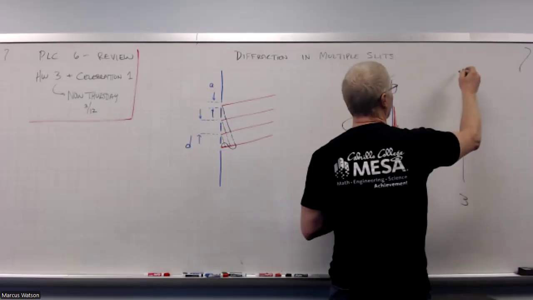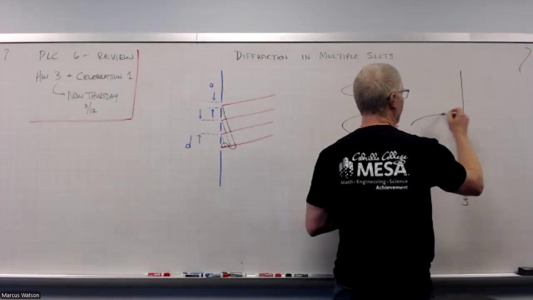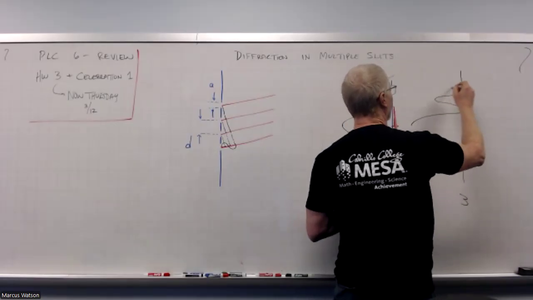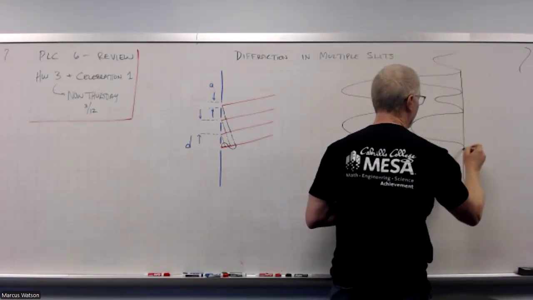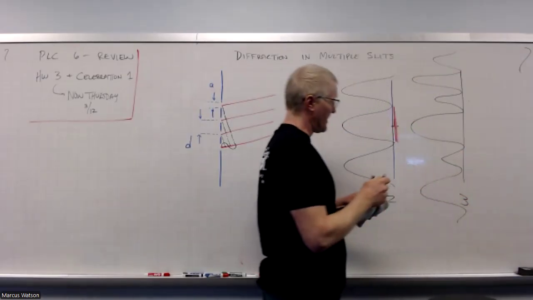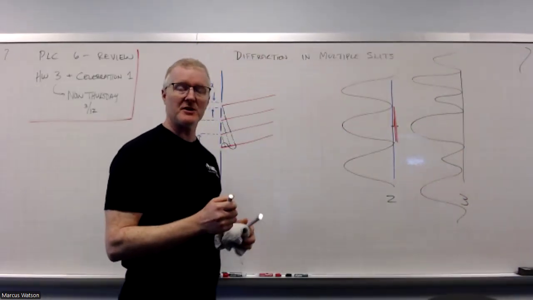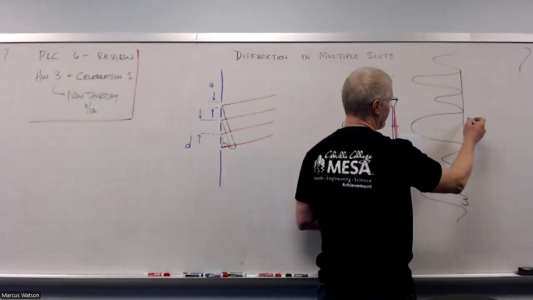what I'm going to notice is, here's my central right here. So my central looks like this, and then I'm going to get one like this, and then one like that. Okay, I'm getting a pattern that looks a little bit like this, where I'm getting these partial maxima.